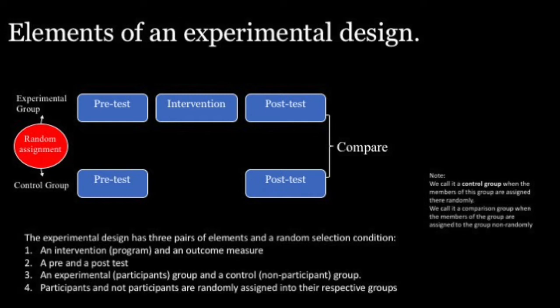If we don't have this design, all of these components, then we don't have a randomized controlled trial. But there are other designs that people use that are missing some of the components of a randomized controlled trial, and we discussed some of those. Now, we also talked about not being able to implement randomized controlled trials in some cases.